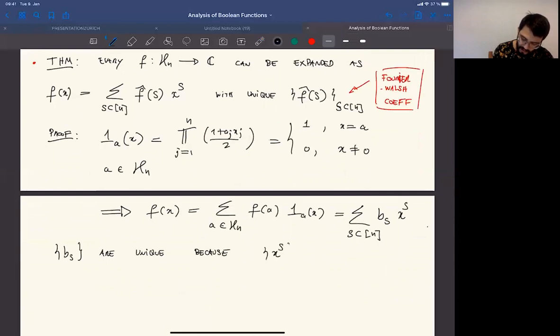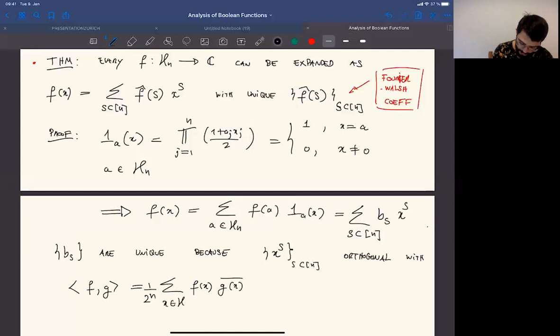And the reason is because when you look at this set, this is an orthogonal set with the inner product. Okay, and then you show that this is true.